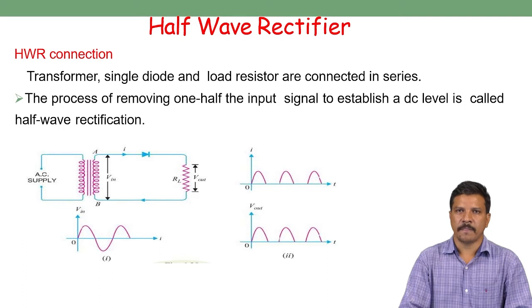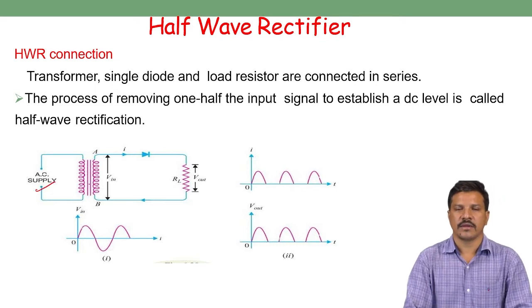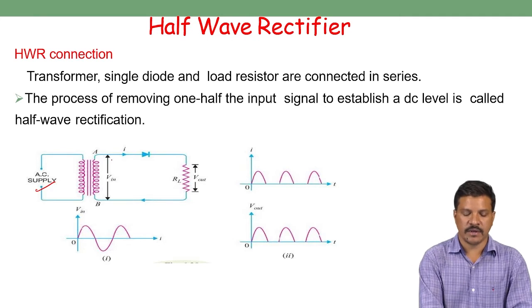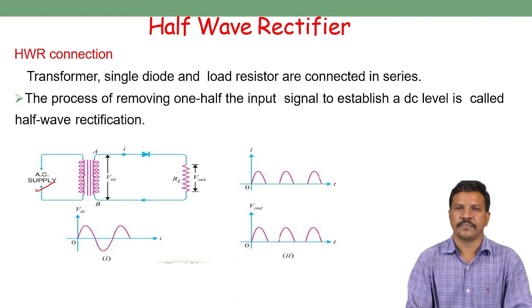Half-wave rectifier connection. This is the circuit diagram for half-wave rectifier, which includes a transformer, one single diode, and a load resistor connected in series. AC power supply is given to the primary coil of the transformer, and the peak voltage is measured in the secondary coil, which is given to the diode and then connected to the load resistor.